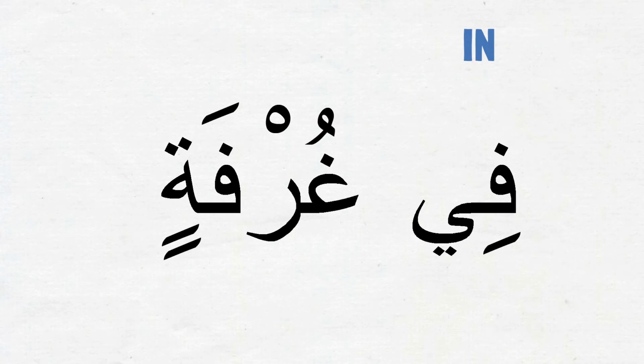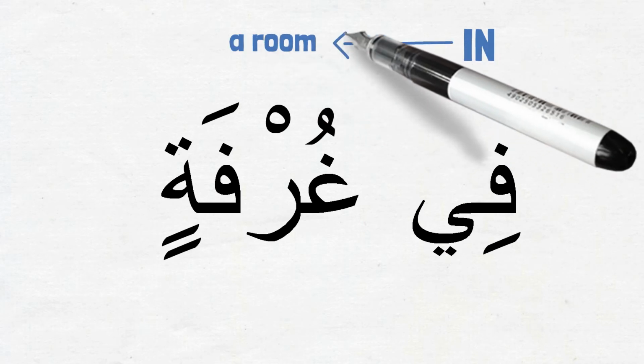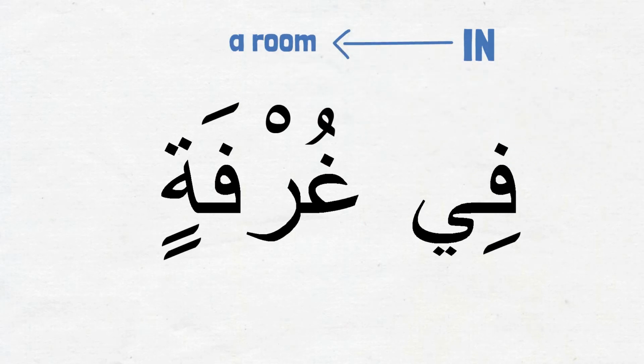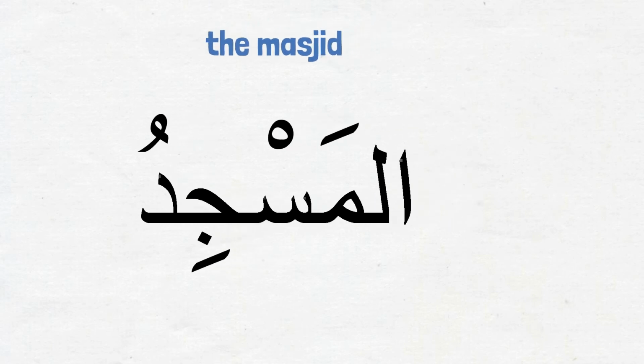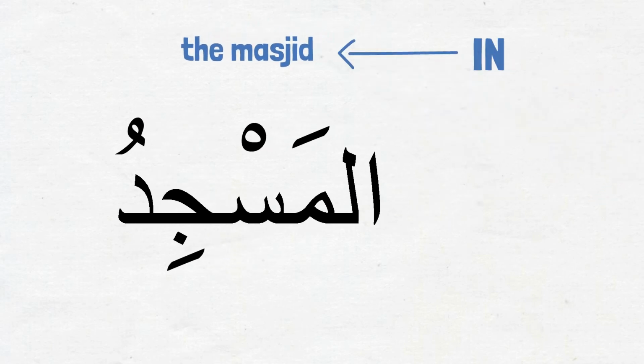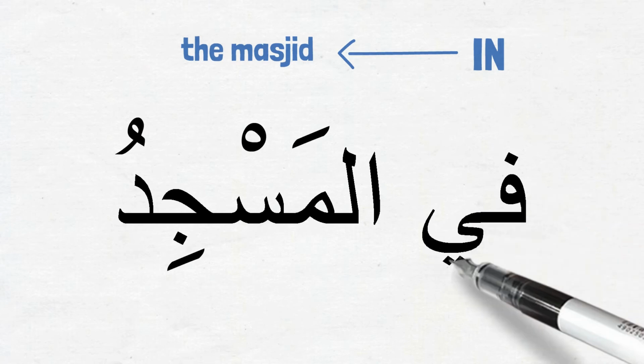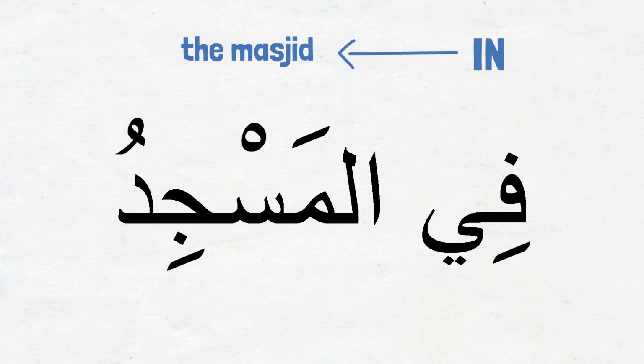Ghurfatin. So in a room will be fi ghurfatin. Got it? Let's take another example. Al-masjidu, the masjid, and I want to turn this to in the masjid. How am I going to do that? I bring in the harf jar fi before it, which means in, and because it is harf jar, what happens to al-masjidu?